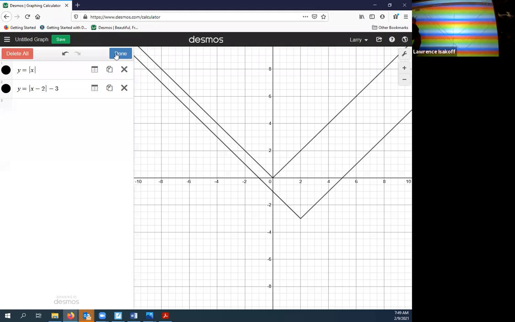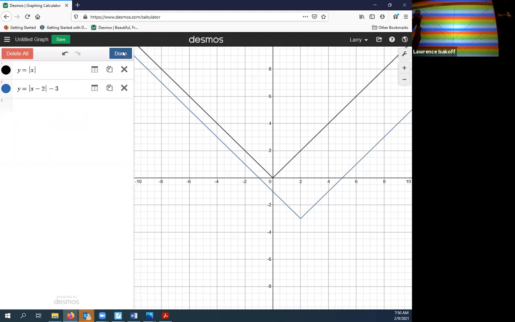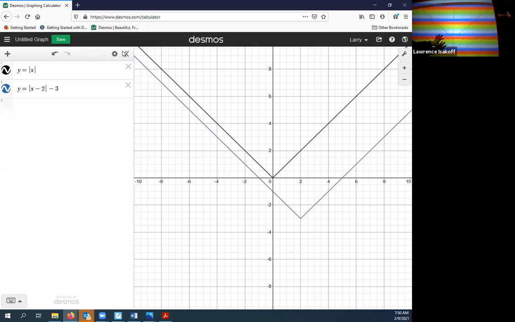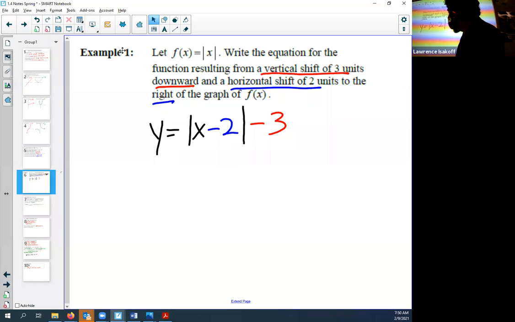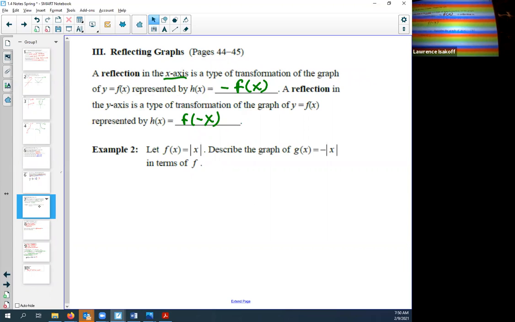Let me change that one to blue. I can see that this appears to have gone right 2 and down 3. I think that's an accurate assessment. Yeah, it looks like it's shifted correctly. That's a nice part about Desmos. You can keep typing them in and compare your functions. So that looks pretty good to me. Let's move on to the next slide.